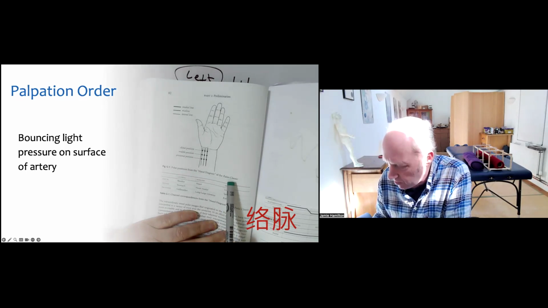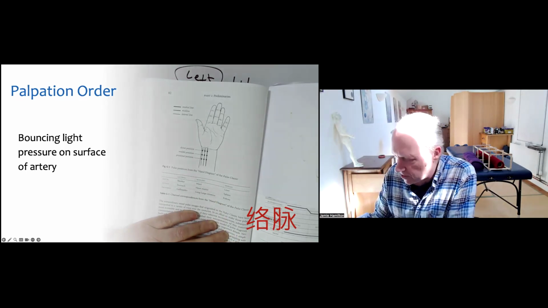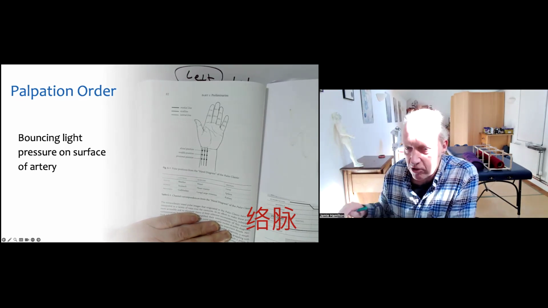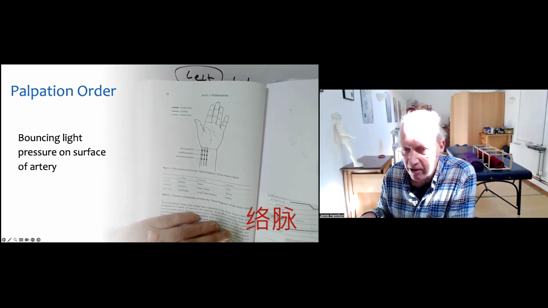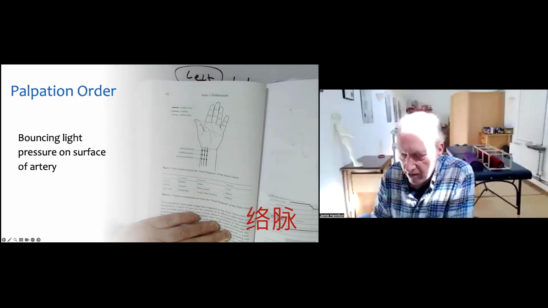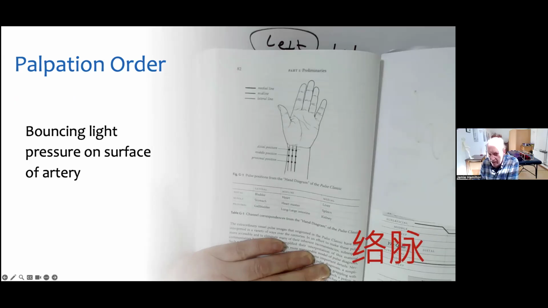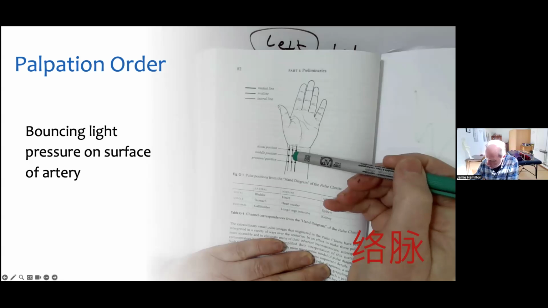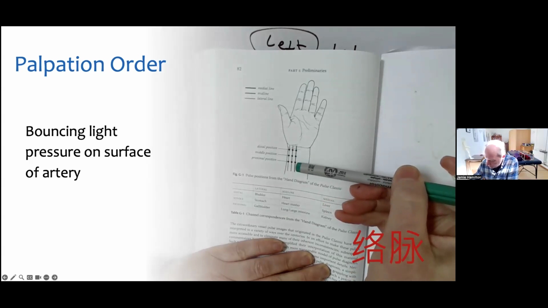The Pulse Classic is the Mai Jing, and the hand diagram is Book 10 of the Mai Jing. So this is the original source of all of this information, in about the year 200 AD, or Common Era. Here it talks about the distal position, the middle position, and the proximal position.